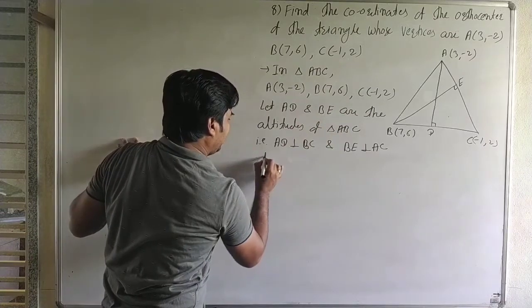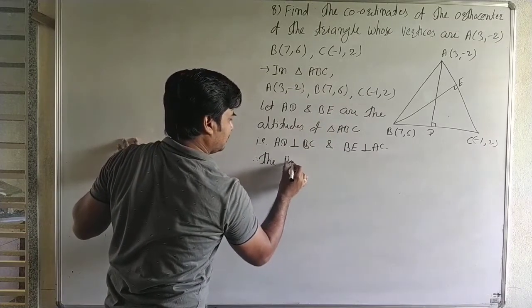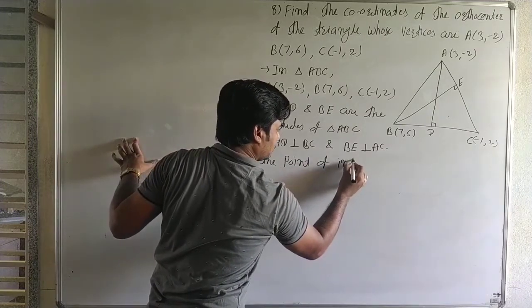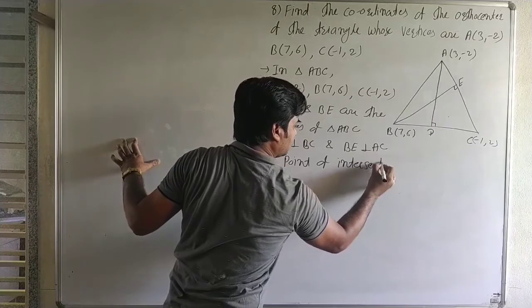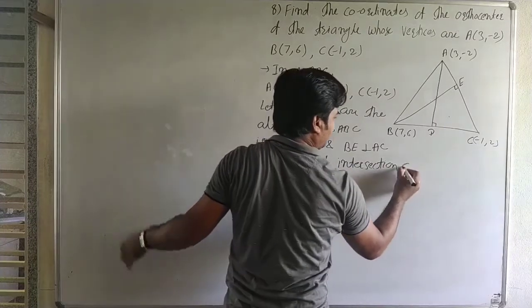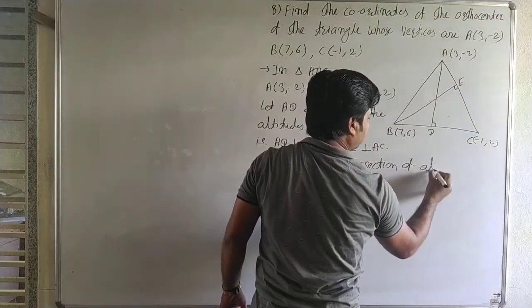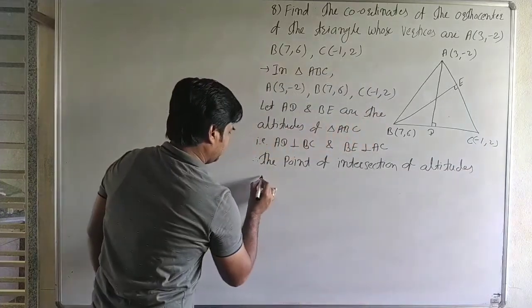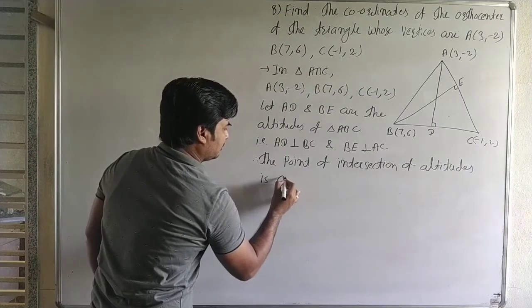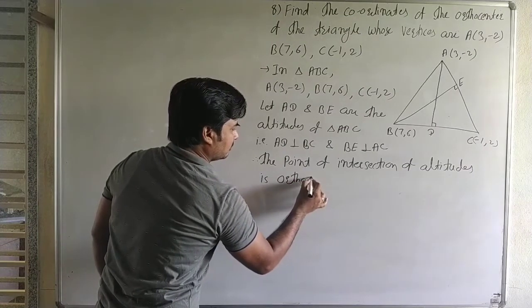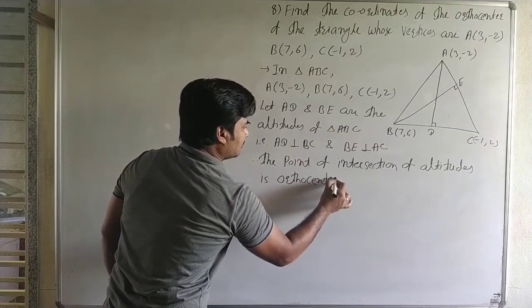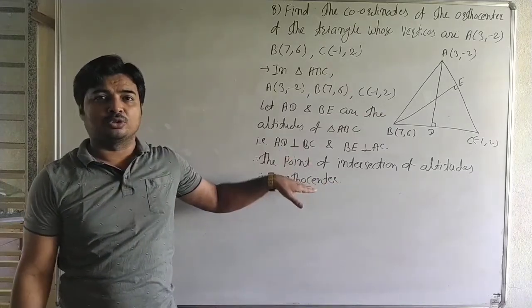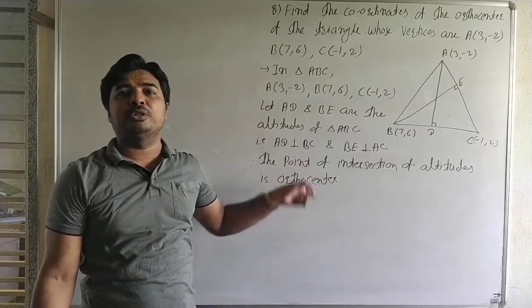Therefore the point of intersection of altitudes is the orthocenter. So first find the equations of the altitudes.